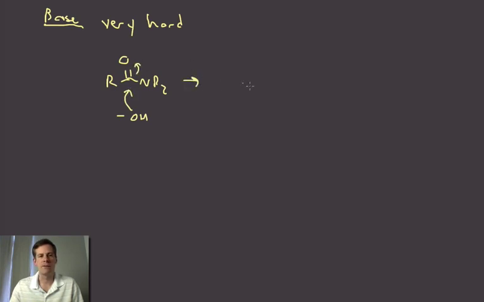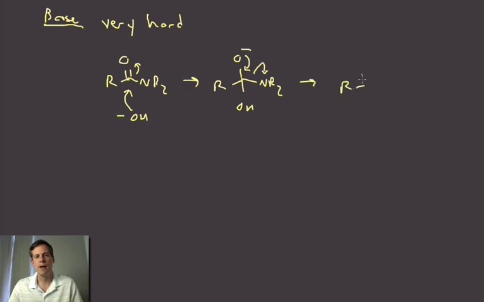Okay, that's fine, but then we would get to this kind of intermediate, and at this point, if we're strictly dealing with a base mechanism, we'd be asking an O- to spit out an N-. And that just turns out to be a little bit too much to swallow. So that's the hard part really, and that's what makes this not very plausible.